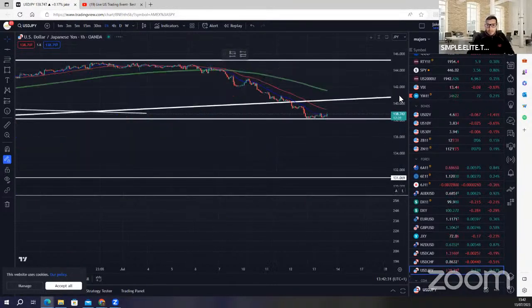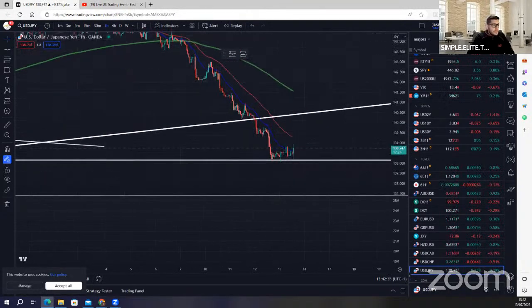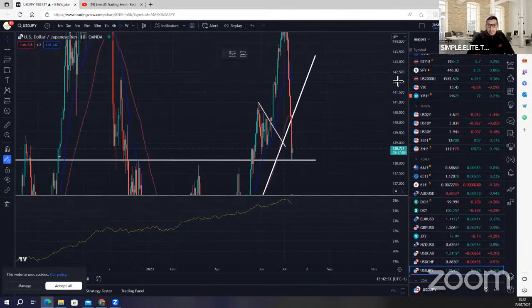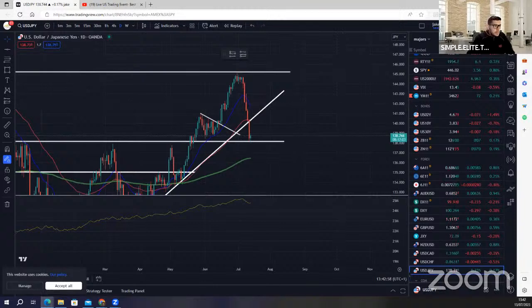So I would like to see price developing some upside, because you see 1 hour is already ranging at the moment, so let's see if it's going to break and start to go to the upside. You can see daily is not anymore an uptrend, because of breaking this higher low. So as soon as it breaks this one, we have a change of trend.